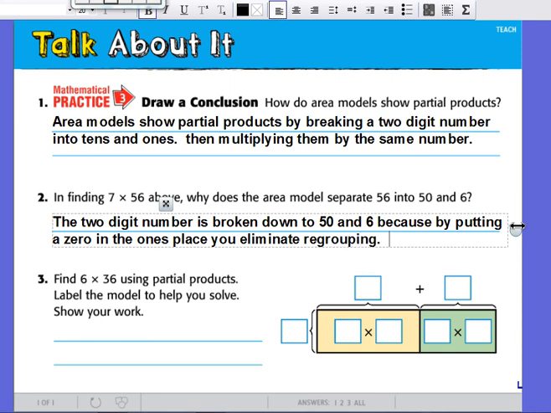Okay? Which is also creating 2 simpler, we'll say easier, multiplication problems.